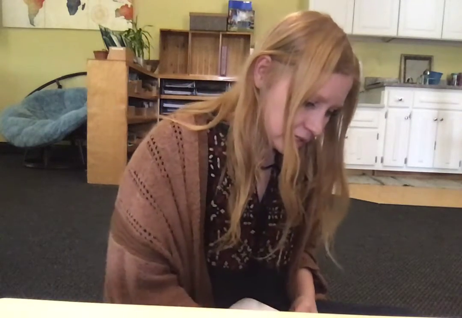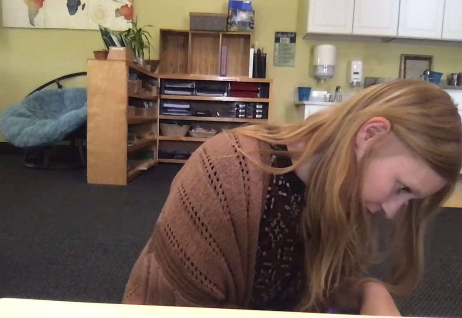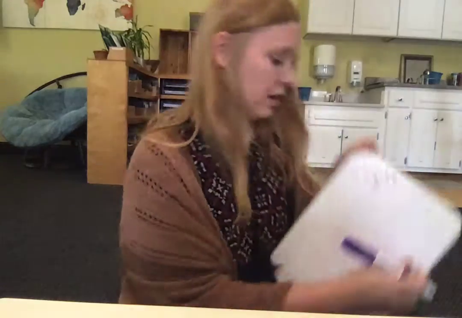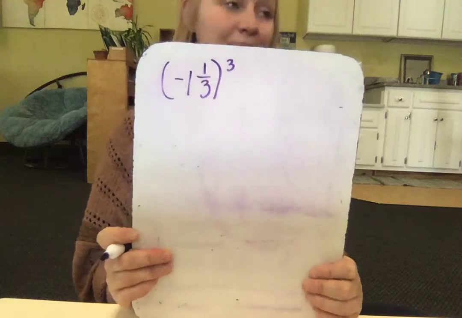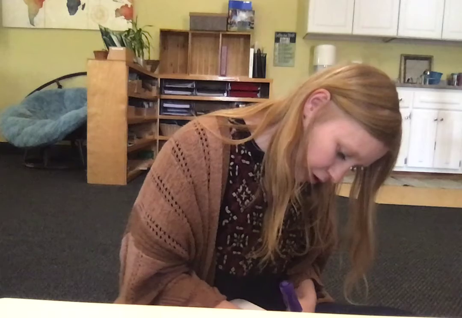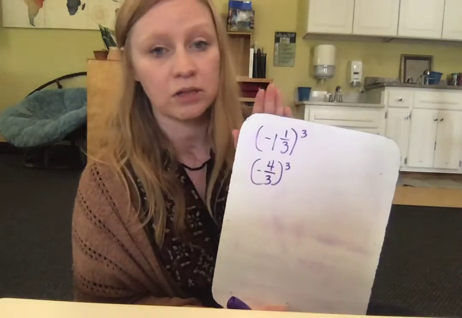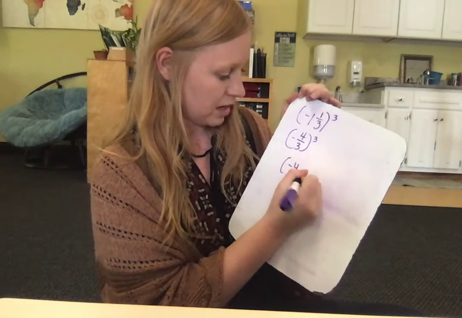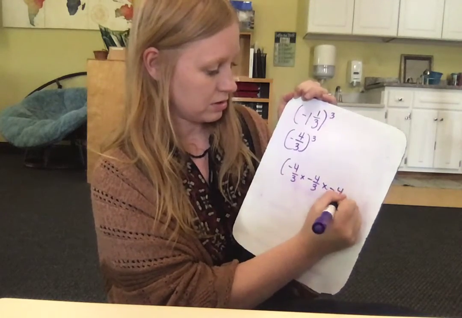Looking at number 18, we have negative 1 and 1/3 cubed. Okay? So we're going to turn it into an improper fraction. It's the same improper fraction we've been working with, so it should be pretty easy, which is negative 4/3 cubed, which means expand it: negative 4/3 times negative 4/3 times negative 4/3.